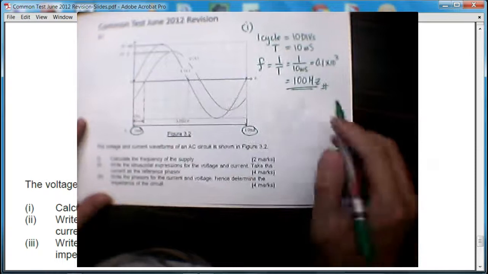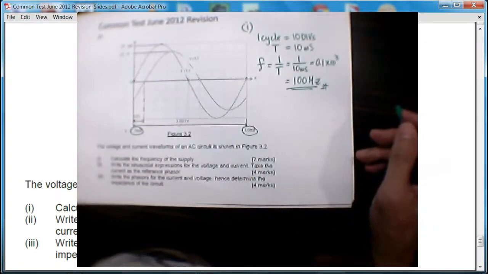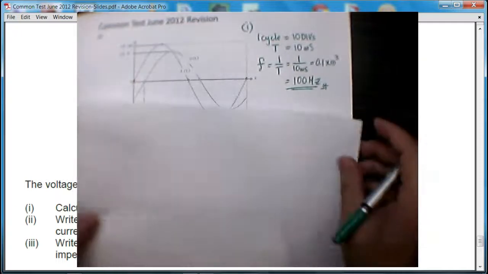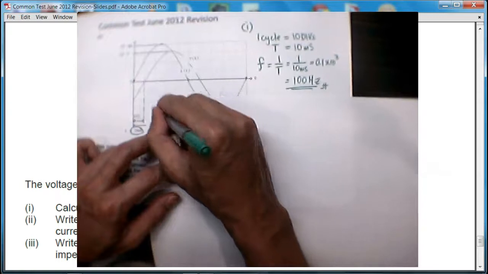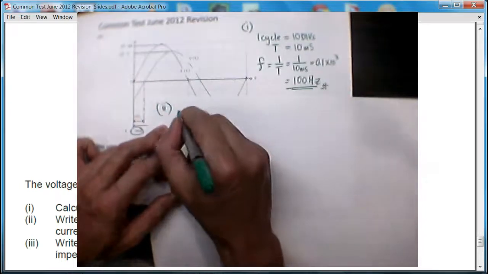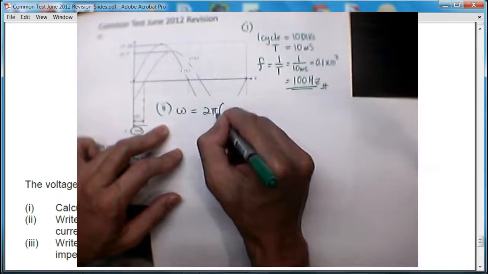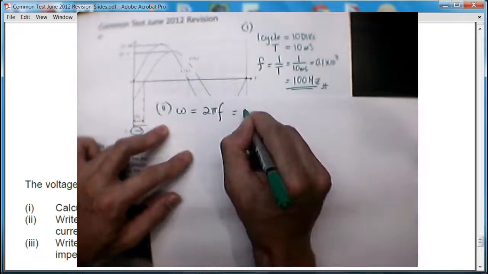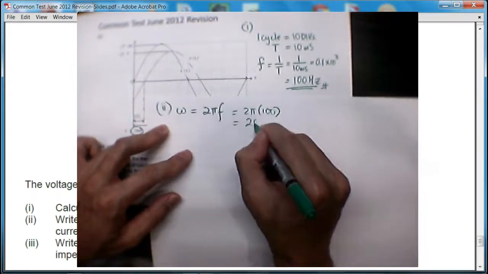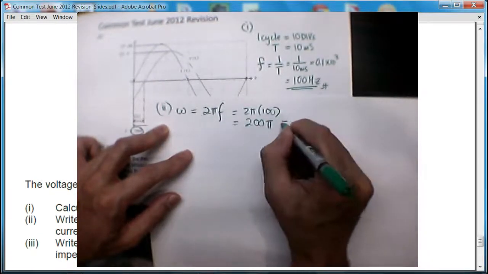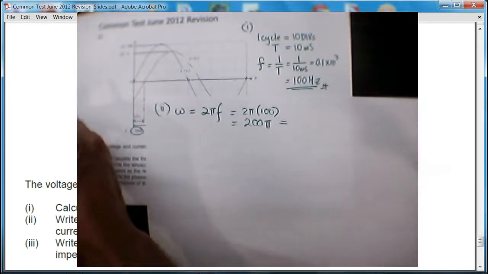Now, part 2, since I know the frequency, I want to write the sinusoidal expression. So how do I do that? First of all, I calculate the angular velocity, which is 2 pi f. That gives me 2 pi times 100, and that equals 200 pi, or let's do a quick calculation.